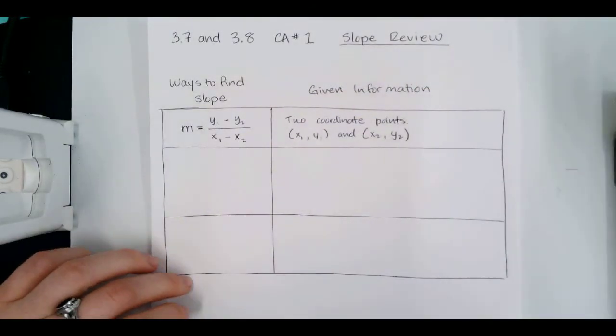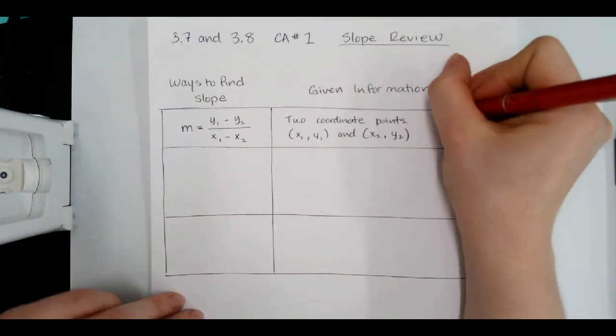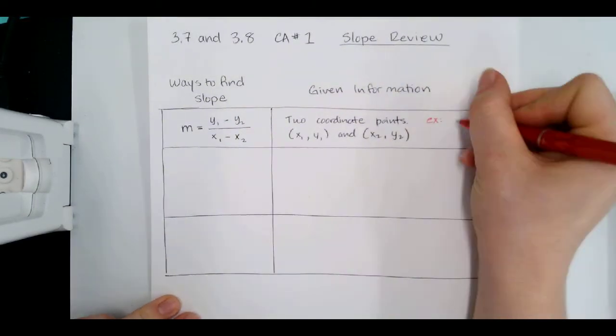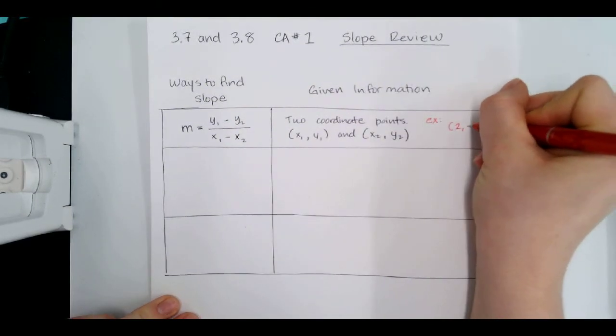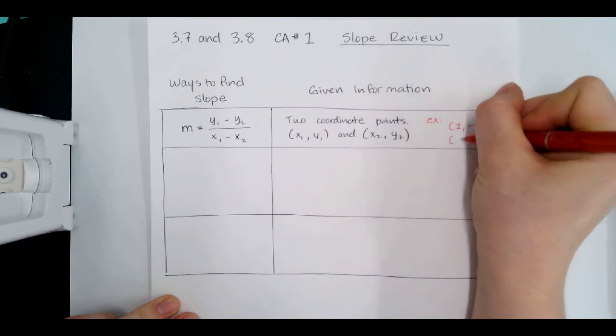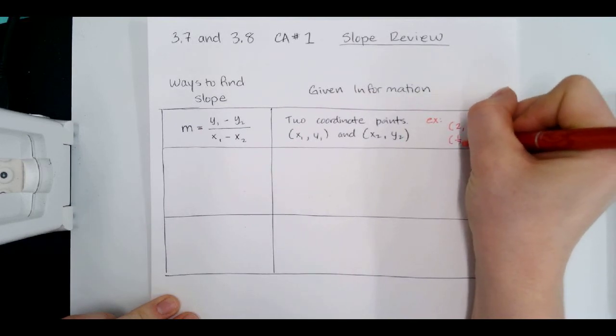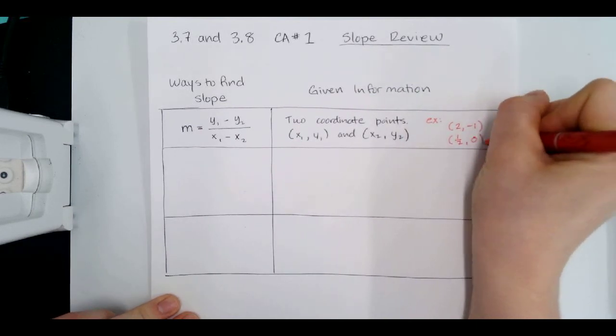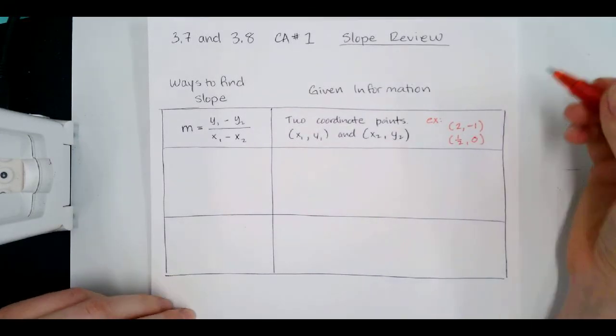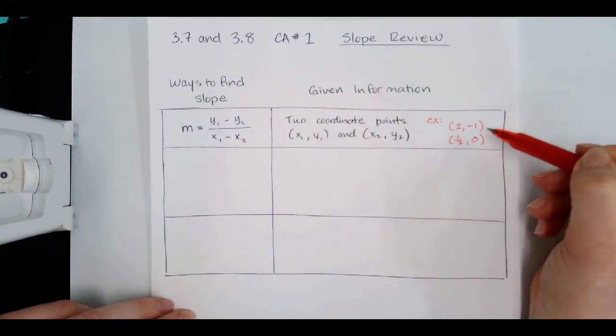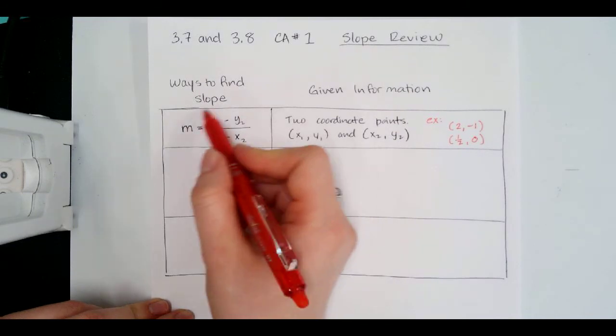So, for example, I'll do my examples in red. An example of 2 coordinate points might be 2, comma, negative 1, and let's say 1/2, comma, 0. So these are 2 coordinate points. If we are given 2 coordinate points, we can plug them into this formula, and we can solve for our slope.